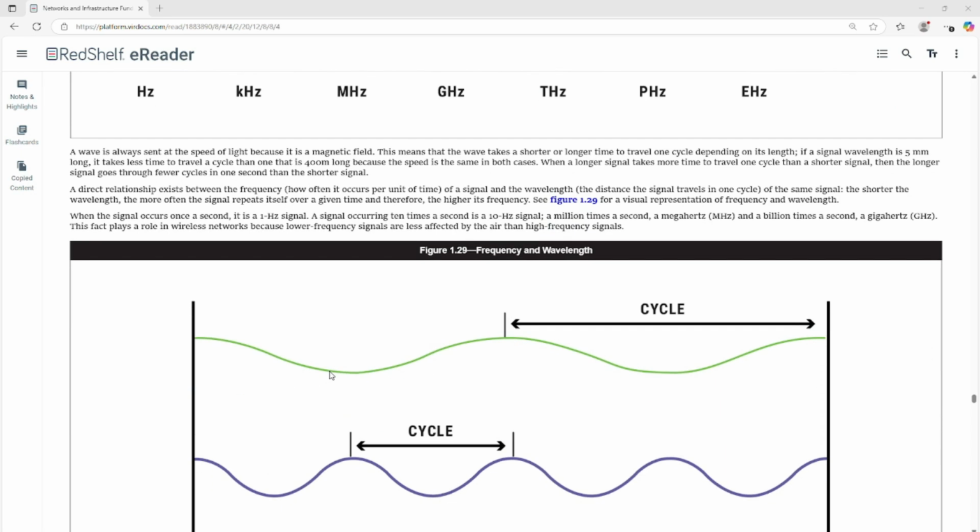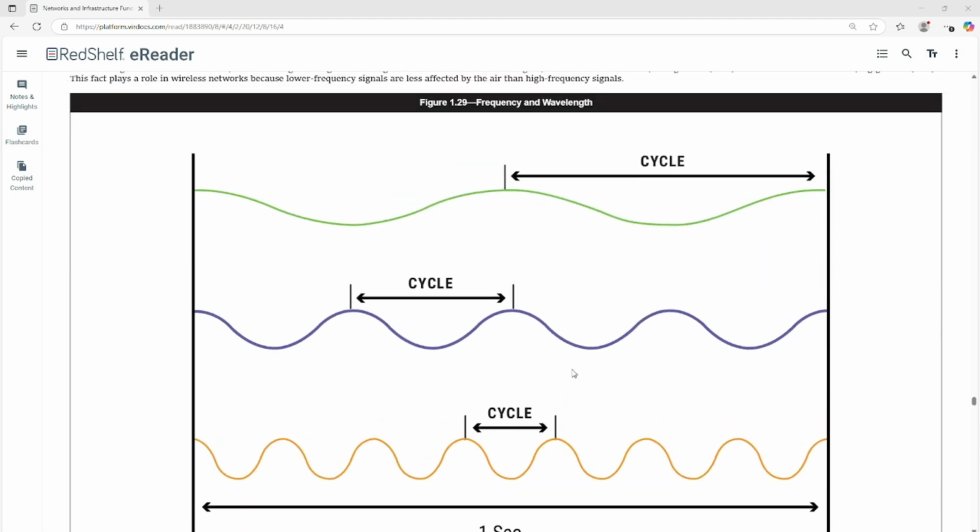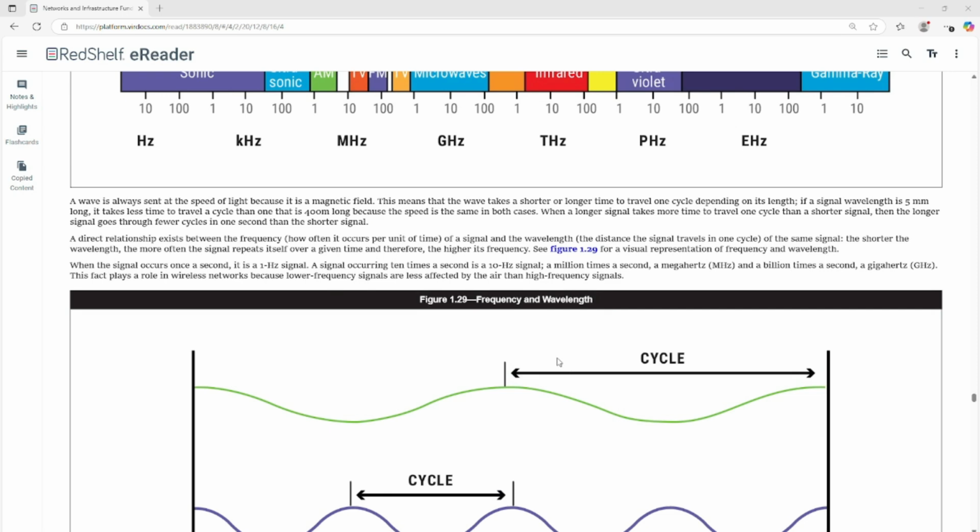The table on figure 1.29 shows us frequency and wavelength. One of the things you have to understand is there is a direct relationship between the frequency of a signal and the wavelength. Frequency is how often something occurs per unit of time, and wavelength is the distance the signal travels in one second.